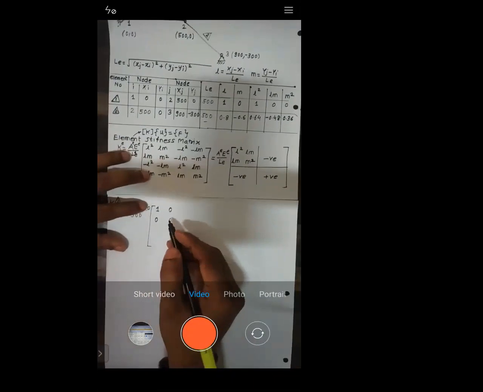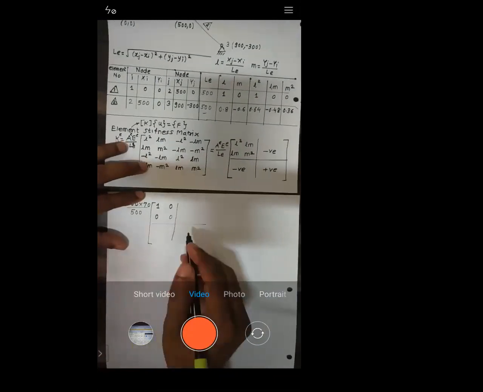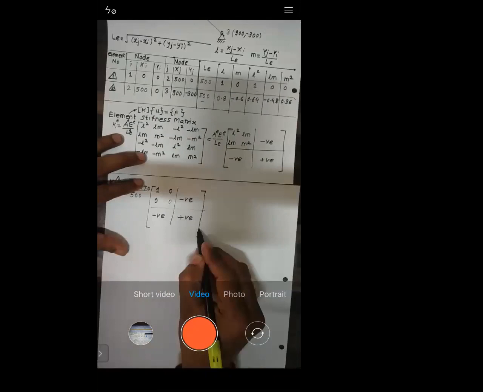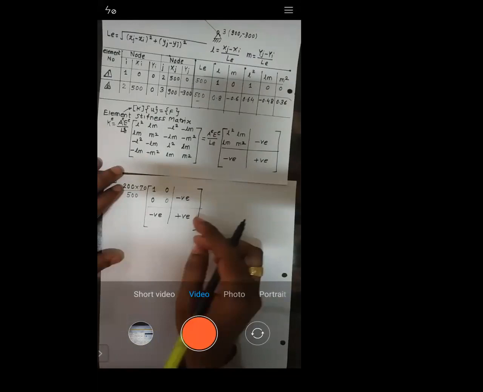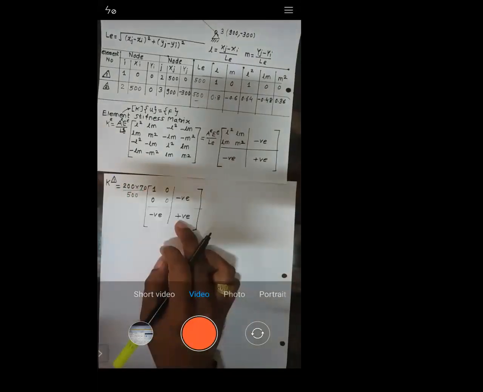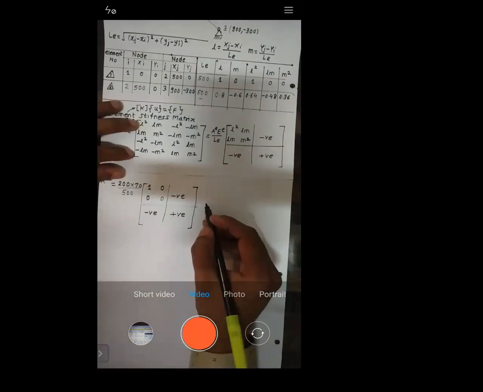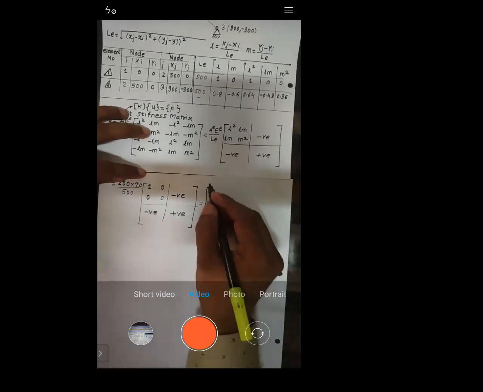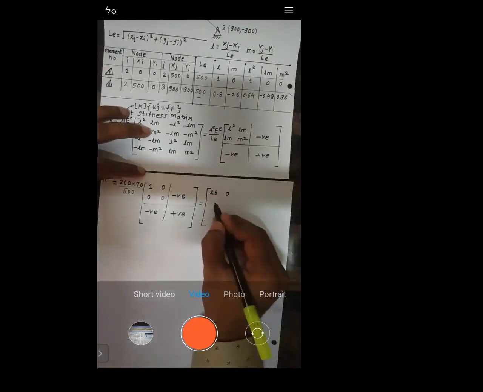I will not copy it again. I will just write here a negative sign, and here a positive sign. Now, what is this term, 200 into 70 by 500? It is 28. If I multiply 28 inside, I get 28, 0, 0, 0.